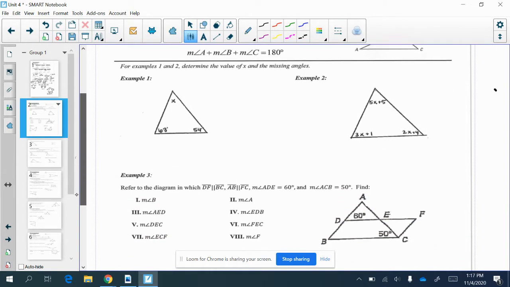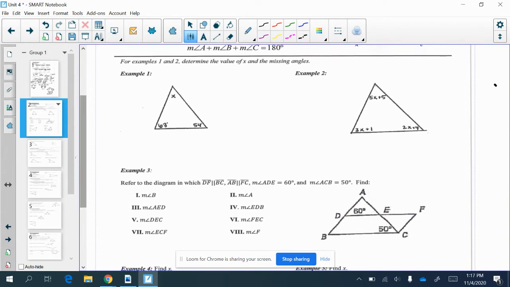So for examples 1 and 2, determine the value of x and the missing angles. Example 1, we have 63 degrees, 54 degrees, and x. So if I add them all together, then they should equal 180. So x plus 63 plus 54 is equal to 180.